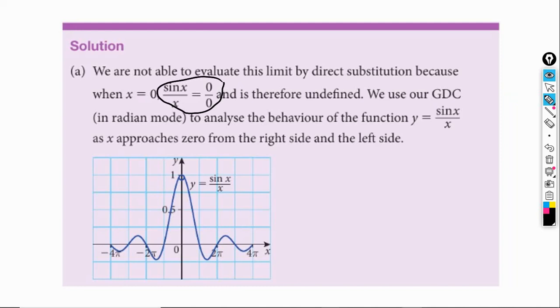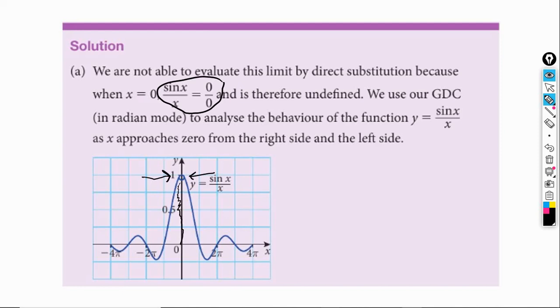But if we look at the graph here, notice that although this function, sine of x over x, becomes undefined at 0, we can see that if we approach 0 from the left, as well as if we approach it from the right, the function tends to 1.